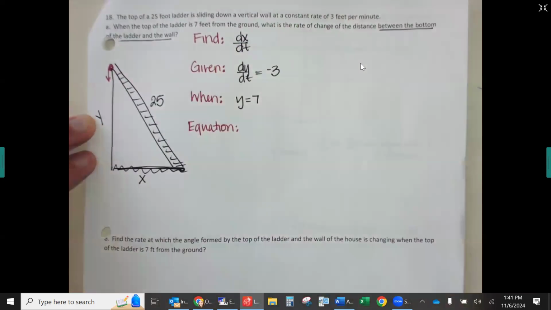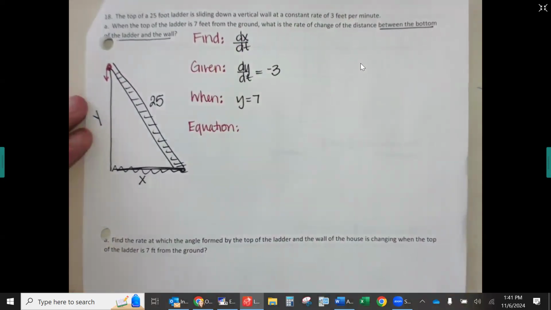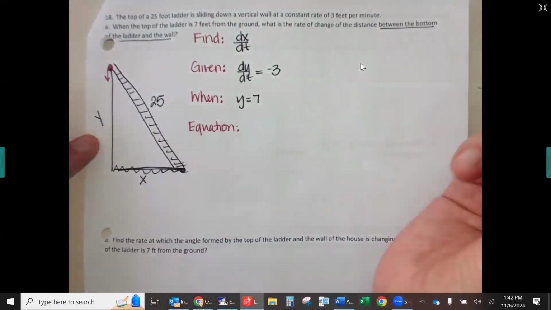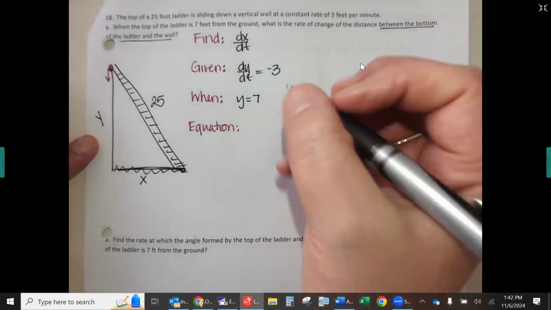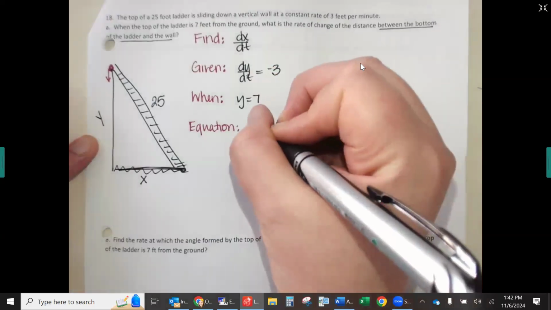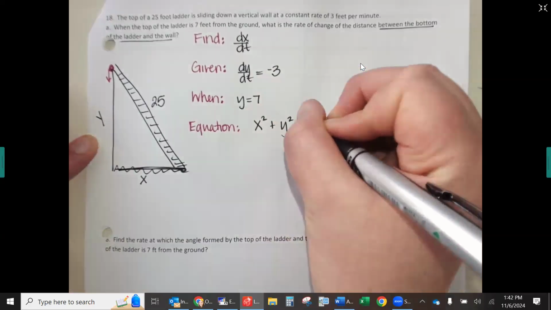Okay, this part you should be able to do mostly by yourself. What equation will you use to relate x, y, and 25? We just used it. Not sine or cosine, because you're not doing a theta yet. 3 sides of a triangle. A squared plus B squared equals C squared, or in this case, X squared plus Y squared is 25 squared.